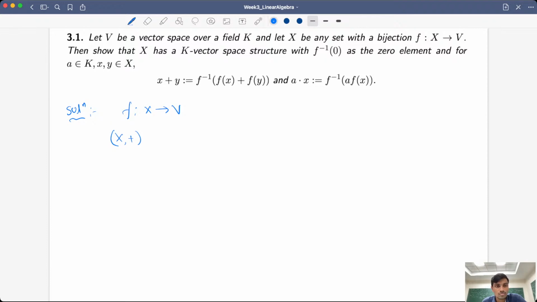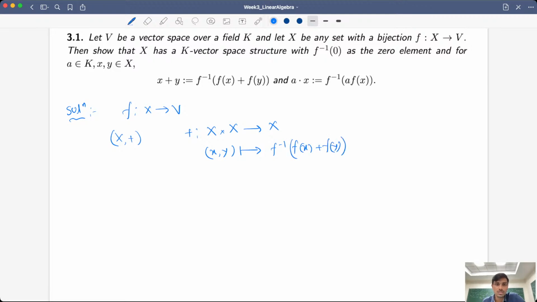Okay, so first of all, this is well defined. This plus from X cross X to X is well defined, because if I take two elements x and y, x comma y, I am sending it to f inverse of fx plus fy.